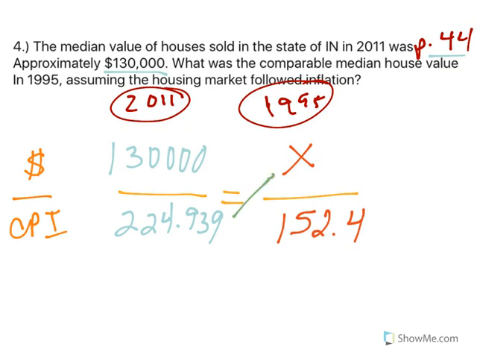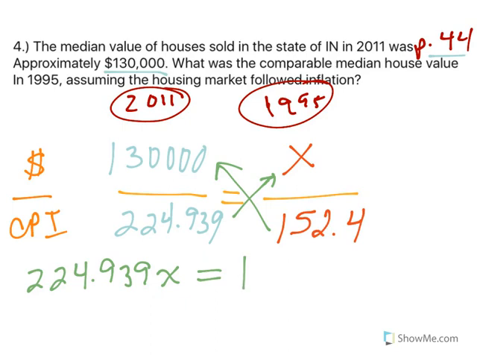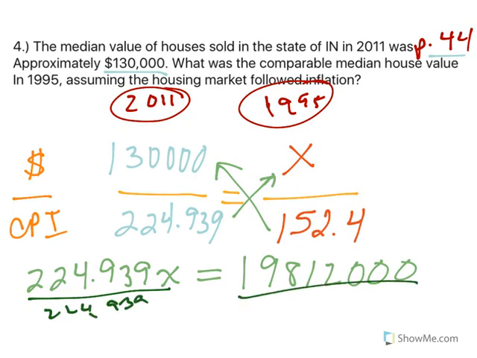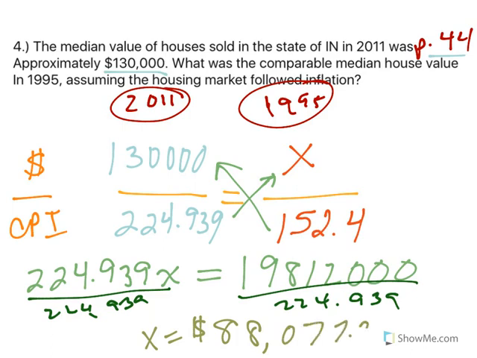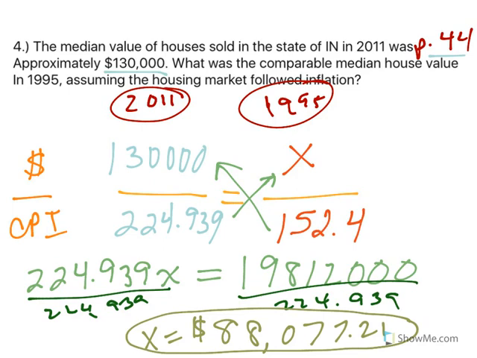Recall, solving a proportion, we cross multiply, and I end up with 224.939 times x equals, when I multiply 130,000 times 152.4, 19,812,000. Divide both sides by the number in front of x. I'm running out of space here on my paper, but I get an x value of, and again we're talking dollars, so I'm going to round to the nearest penny, $88,077.21. Anytime you're dealing with money, you want to round to the nearest penny unless otherwise stated.